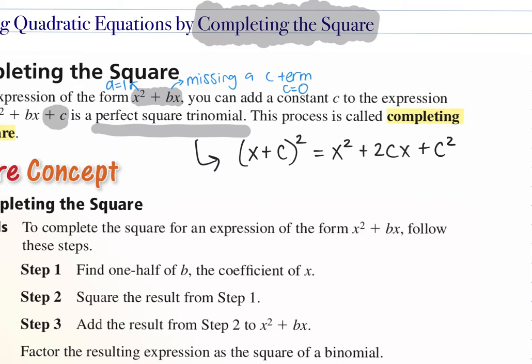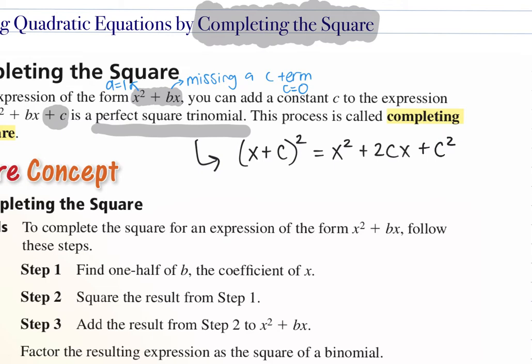Okay? This was back when we were factoring. This is what we call a perfect square trinomial. So what we're going to be doing is adding a C term that allows us to factor into x plus a number squared. It makes a lot more sense when we see an example, but are there any questions as of now?